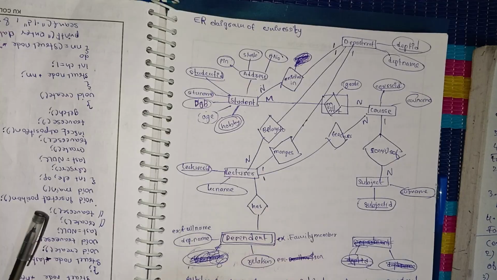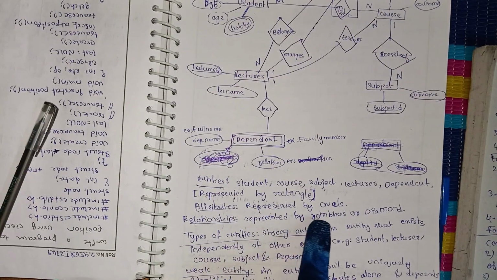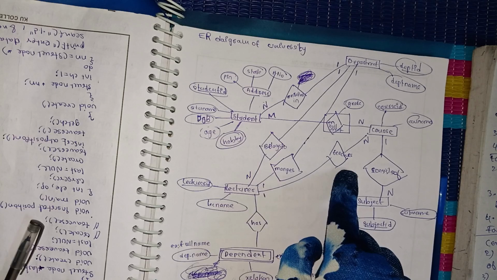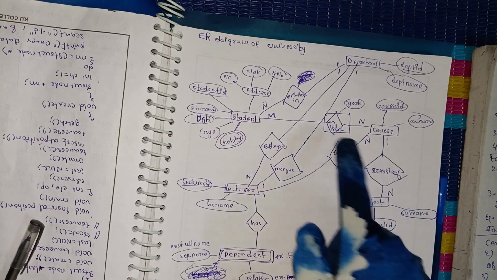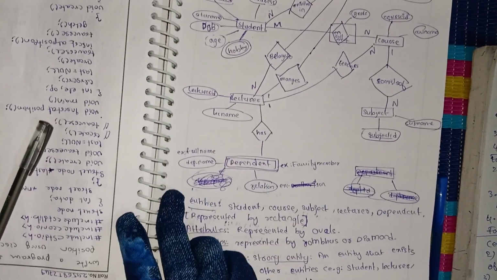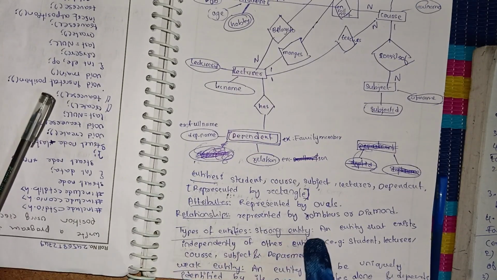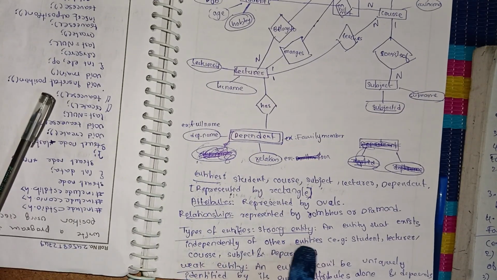And then relationships are represented by a rhombus or diamond, like belongs to, manages, enrollment, teaches, enrolled in, and has also.